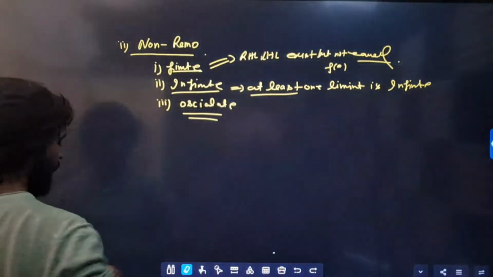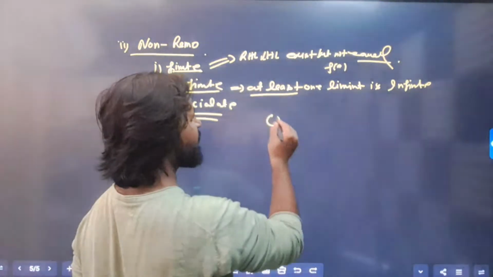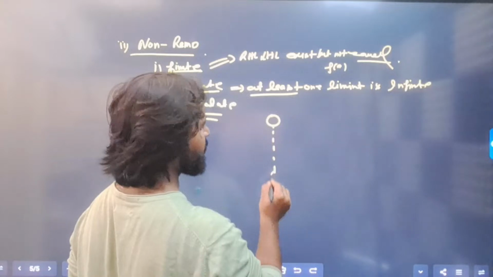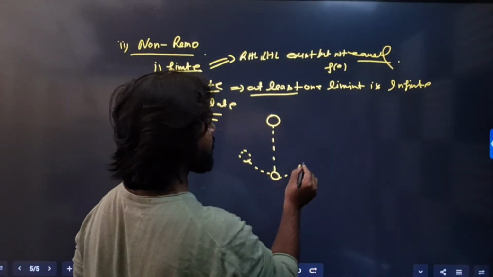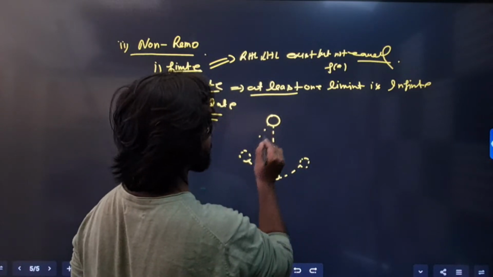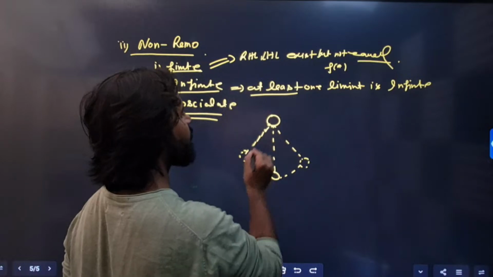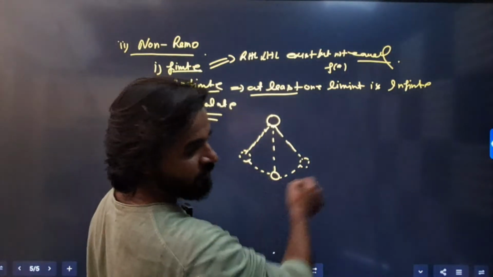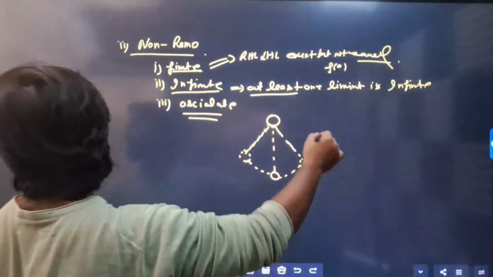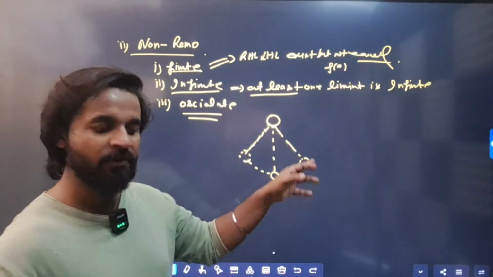Oscillation means a point, you know very well, just a pendulum. A pendulum always moves from this to this. So moving from this point to this point, continuous. Look at that. So that is oscillation.